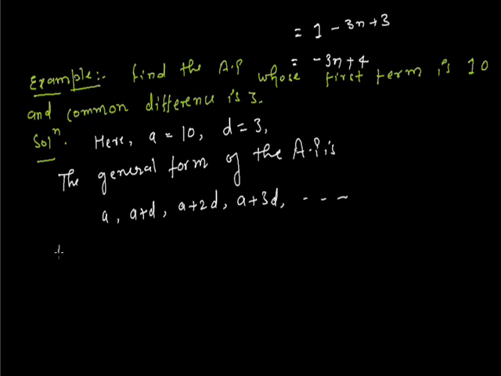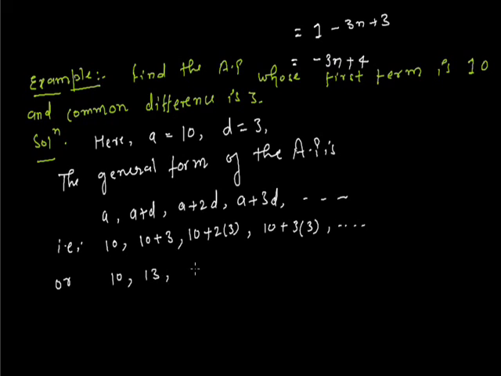So we can write the AP as 10, 10 plus 3, 10 plus 2 into 3, 10 plus 3 into 3, or 10, 13, 16, 19. This is an AP.